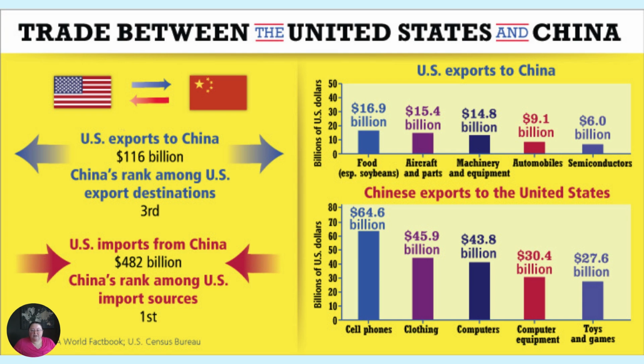If we look on the right-hand side of this chart, we can see U.S. exports to China. We have food, aircraft, machinery, automobiles, and semiconductors. Those are things that we sell to China. If we look at the Chinese exports to the United States, these are things that we import from China. So from China, we import cell phones, clothing, computers, computer equipment, and toys and games.